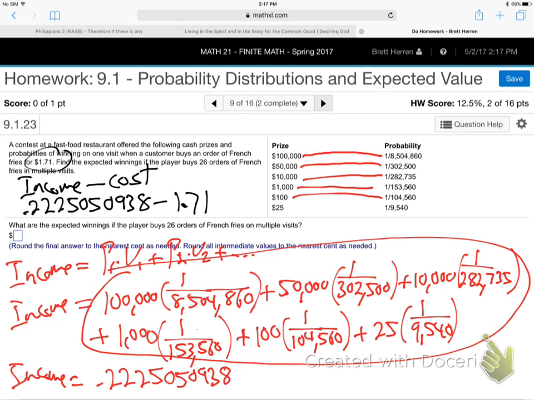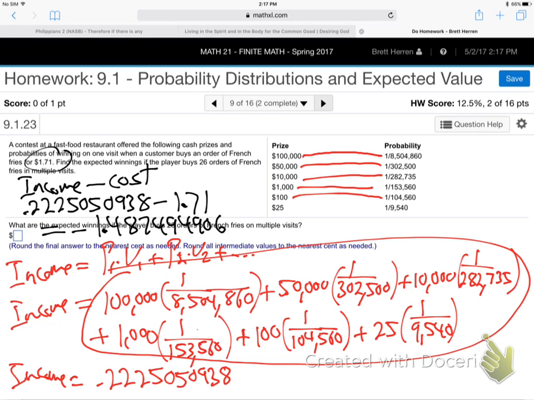Keep it rolling on your calculator screen, and I get negative 1.48749. In other words, negative $1.48, or 49 maybe it would round to, right?